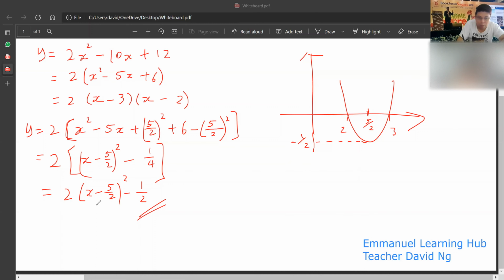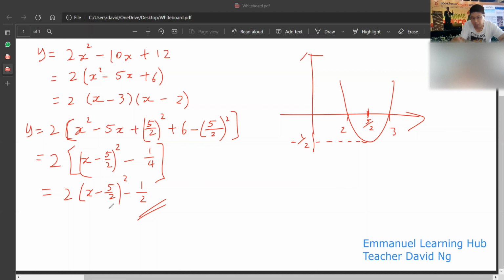This part is 5 over 2 because the bracket is 0. If the bracket is 0, x minus 5 over 2 is 0, x is 5 over 2. That's how I know the turning point is 5 over 2. Then I know this part is minus half because this is minus half.